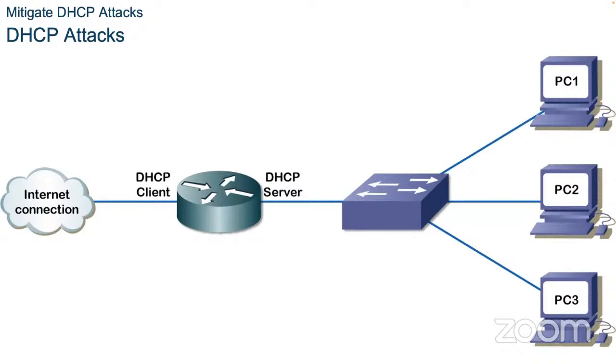DHCP spoofing occurs when a rogue DHCP server is connected to the network and provides false IP configuration parameters to legitimate clients. It can provide misleading information like the wrong default gateway, wrong DNS server, and wrong IP addresses. DHCP starvation is easy to mitigate with port security. DHCP spoofing, on the other hand, does require more protection.